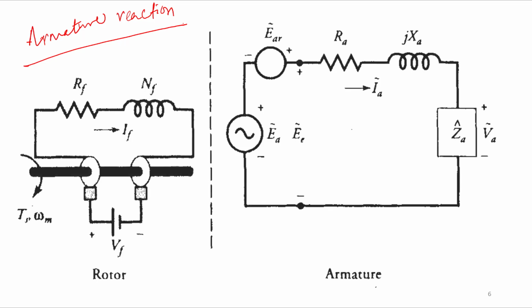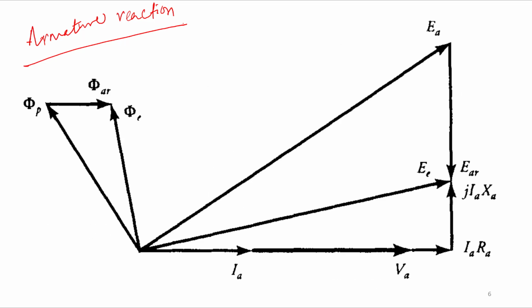Okay, so now let us see it. In this diagram, what you are seeing is for unity power factor, because here we are seeing the terminal voltage and current are in phase, right? And IA RA is there.